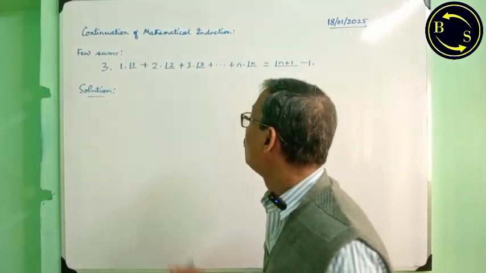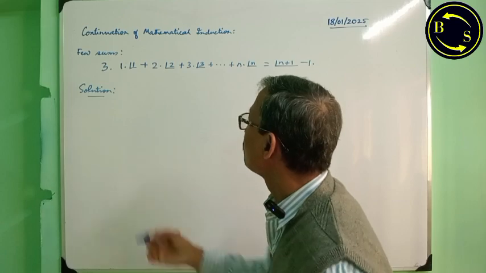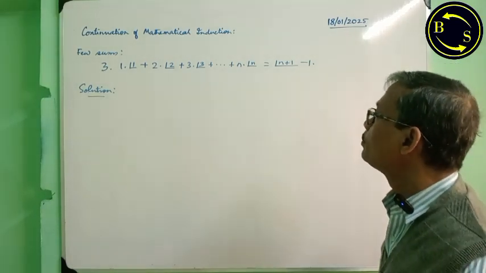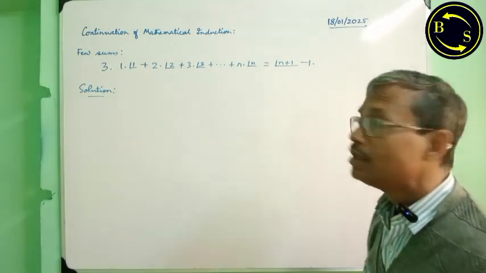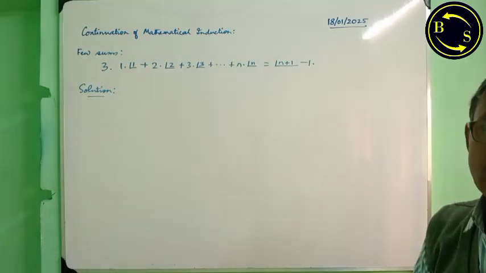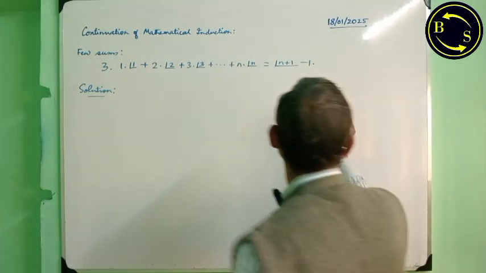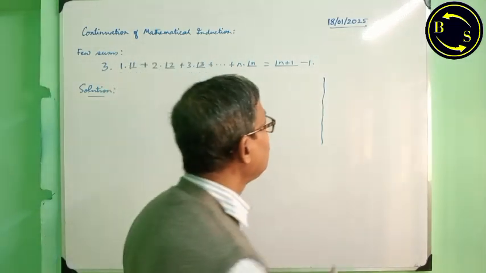Third sum: the left hand side you see is 1 into factorial 1 plus 2 into factorial 2 plus 3 into factorial 3 plus dot dot dot plus n into factorial n. Though I have not yet discussed factorial, let me discuss that factorial symbol.